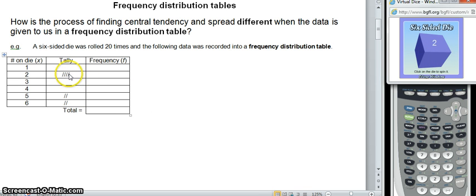Oh, another 2. What I'll do this time is strike through that one. So there's 5 of those so far. Oh, we've got another 5. Right.